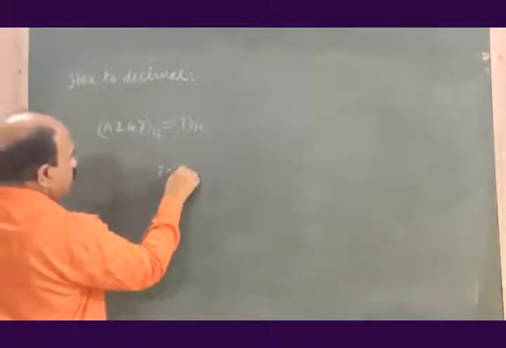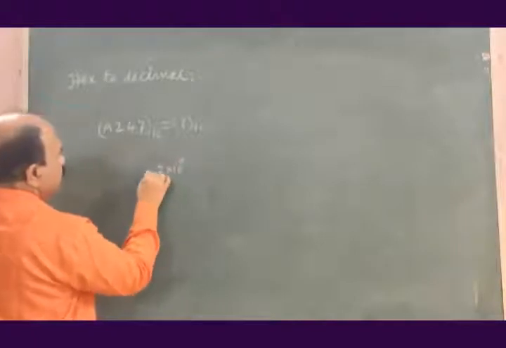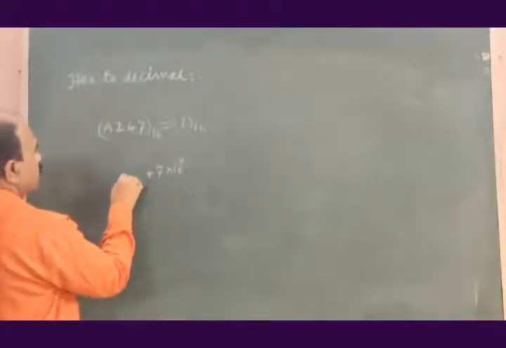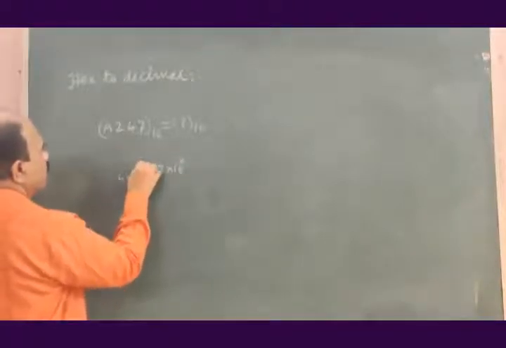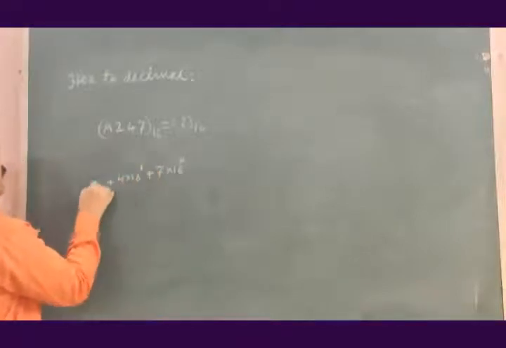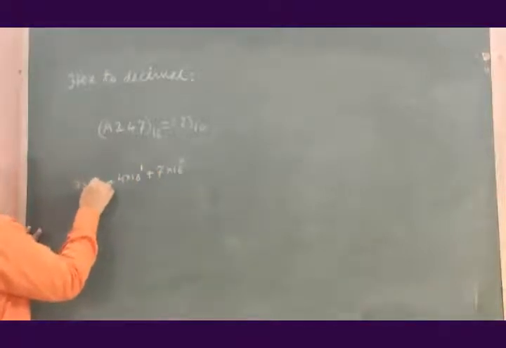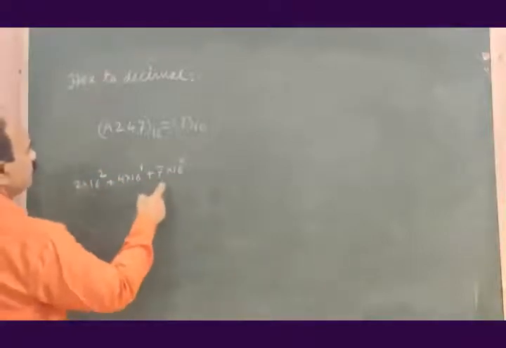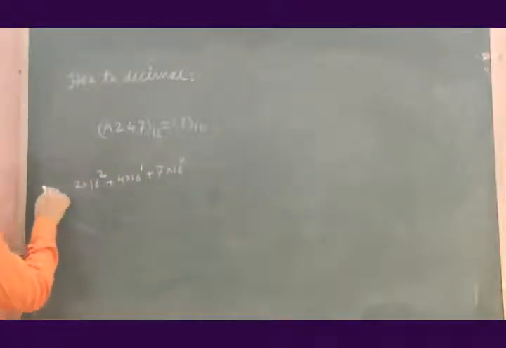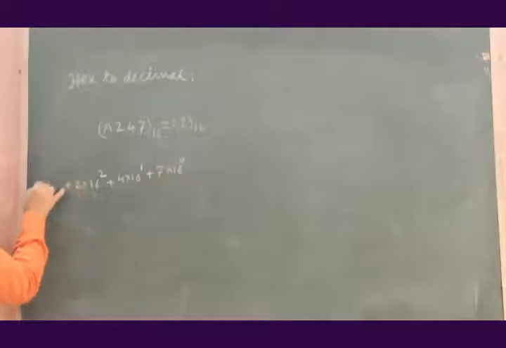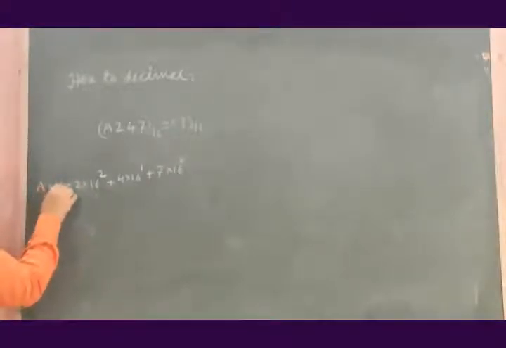7 into 16 to the power 0 plus 4 into 16 to the power 1 plus 2 into 16 to the power 2 plus A into 16 to the power 3.